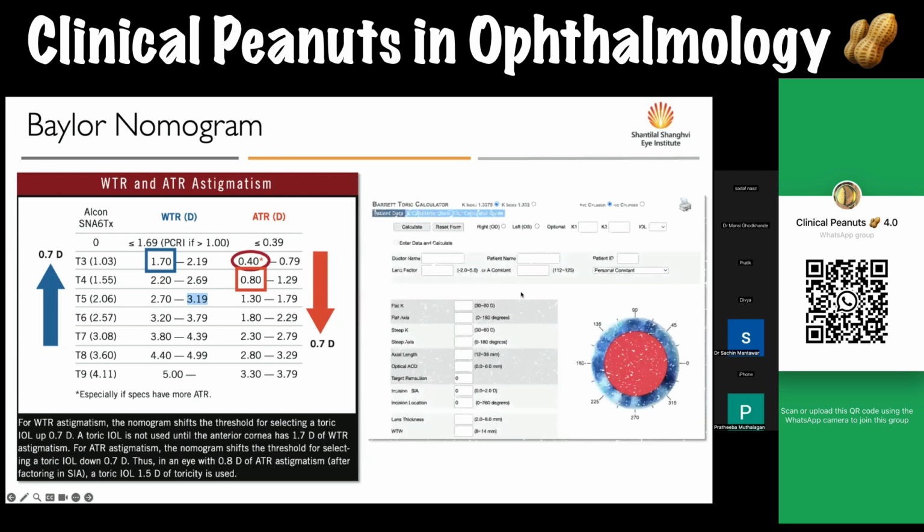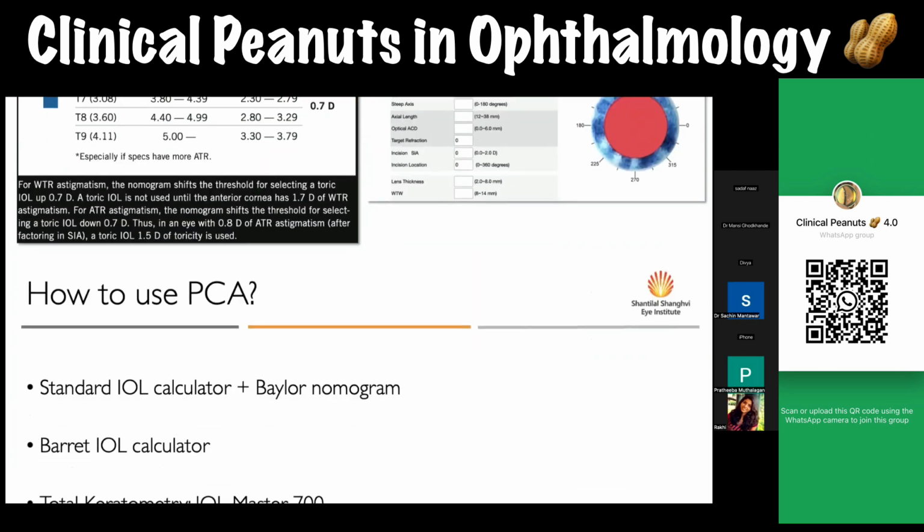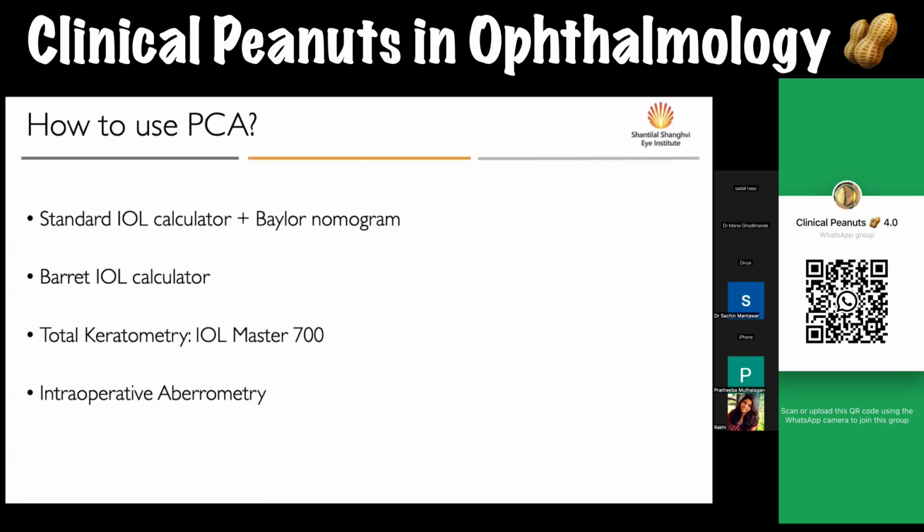Thankfully, what the Barrett toric calculator does, especially when you click on the predicted option in the box which appears, is that it applies this and helps predict what the posterior corneal astigmatism is, and therefore spits out a number for an IOL which you can implant in the eye. So that brings us to how we can use PCA.